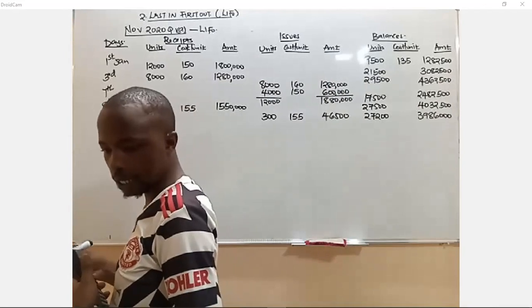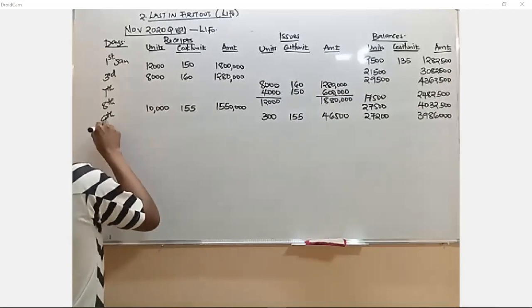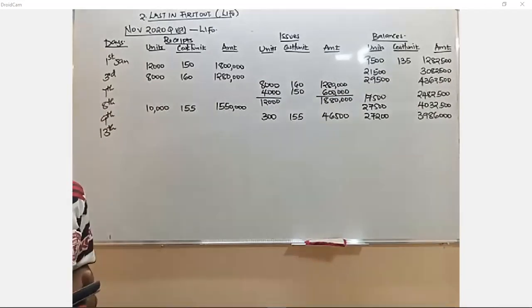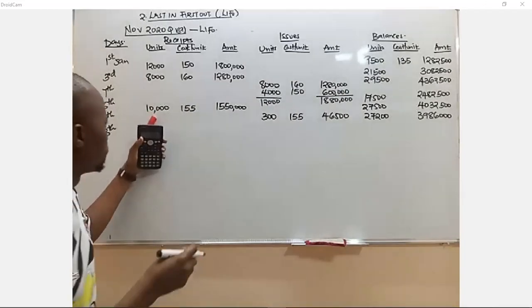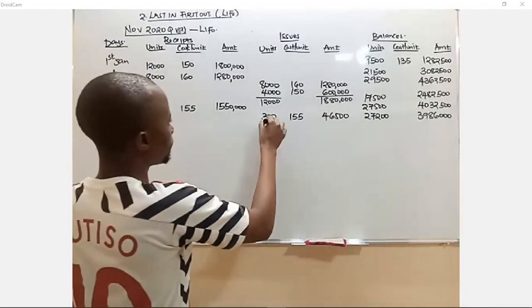After date 9, we can go to date 13. Because I can see, yes, date 13. How much we were able to sell on 13. How many units? Straight away, on 13, we required 5,000. We can just pick them from here because the department was 2 only 300. So 5,000 by 155.